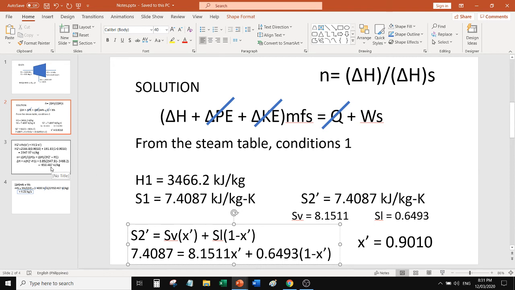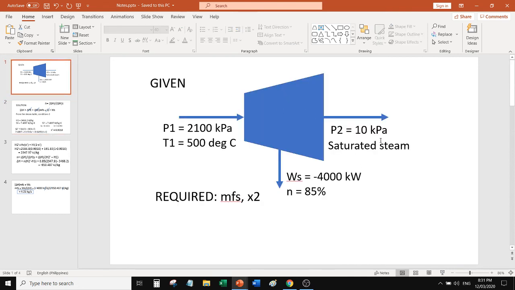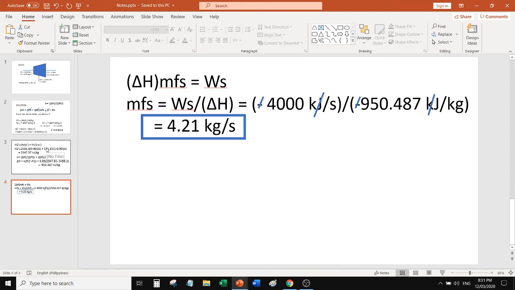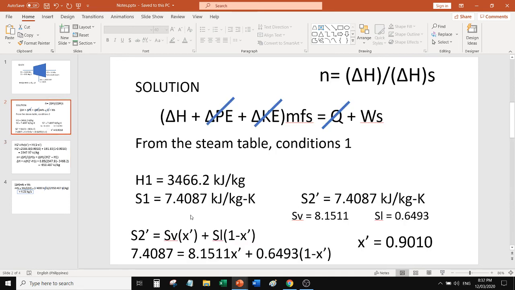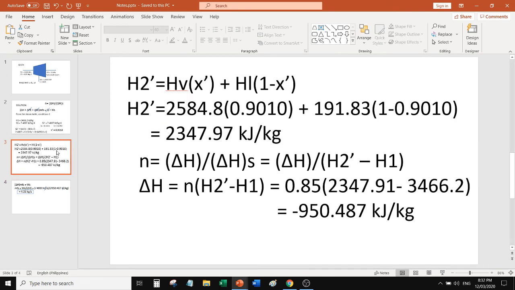Ang hinahanap mo yung x actual, yung quality paglabas, pero actual, hindi yung prime, hindi yung sa isentropic expansion. So, paano mo yun masosolve? Kailangan mo either yung S2 actual or yung H2 actual. Since ang masosolve natin na mas mabilis ay yung H2 actual, bakit?